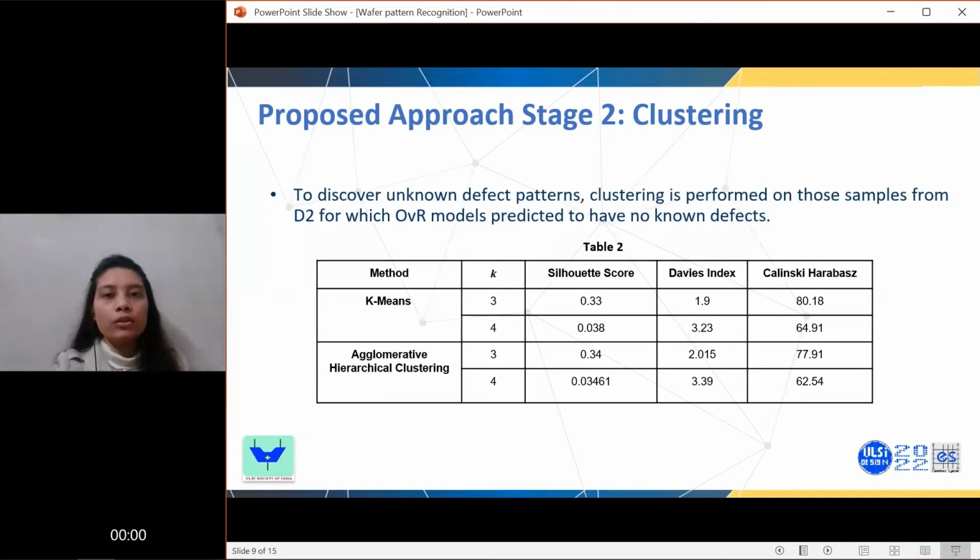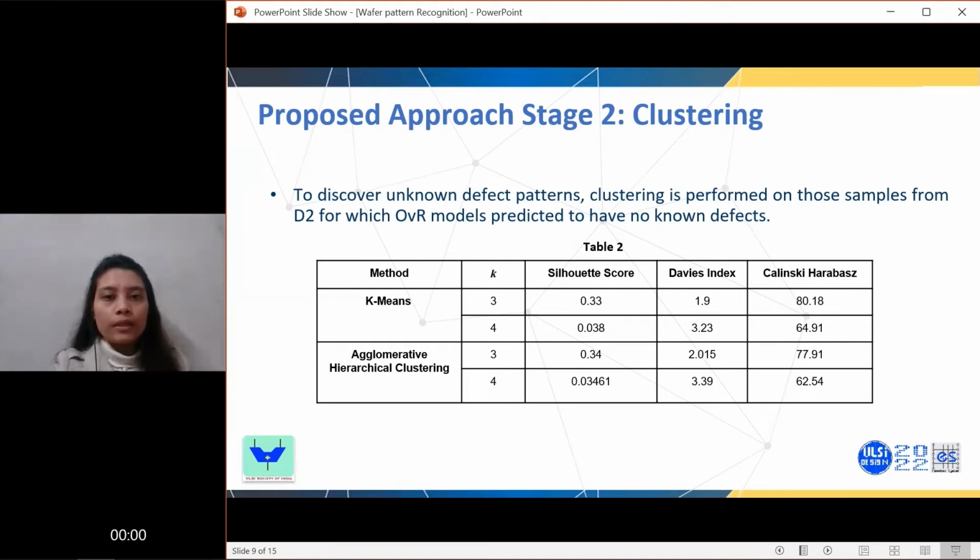We used two clustering techniques for generating the clusters, k-means clustering and agglomerative hierarchical clustering, and evaluated them based on various evaluation metrics such as Silhouette score, Davies-Bouldin index, and Calinski-Harabasz score. Comparison of these clustering algorithms for k equals 3 and k equals 4 is shown in table 2.